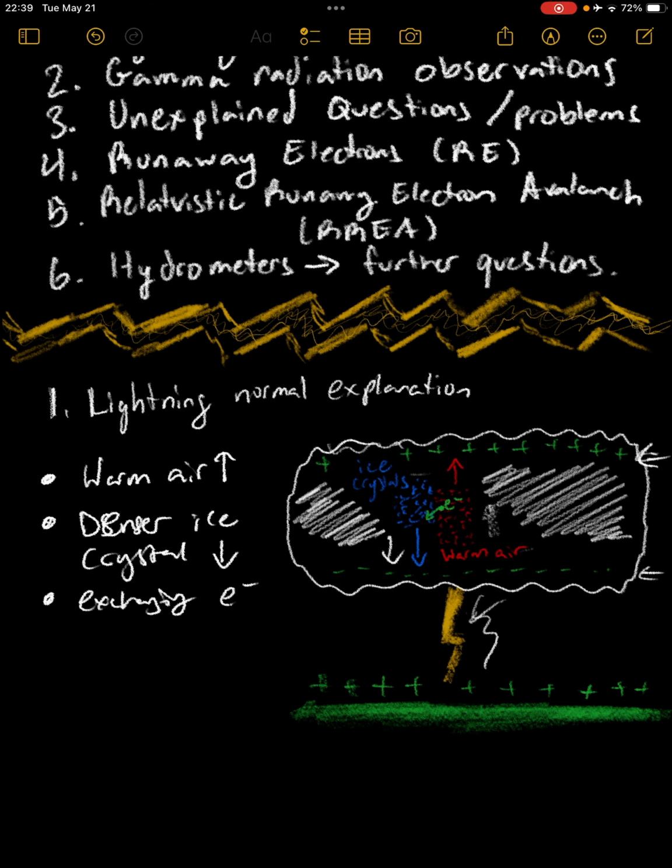Then this leads to negative charges on the bottom of the cloud and positive charges at the top. This leads to that stratified charge, which builds up the electric field, similar to that of a battery. Another place that can have positive charges is the ground, compared to the bottom of the cloud. This then builds up until it overcomes the insulating properties of our atmosphere, and then lightning strikes.